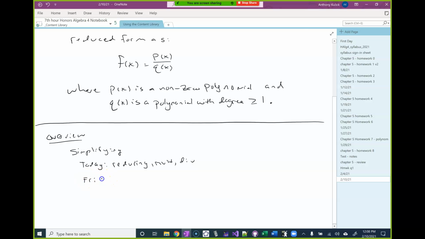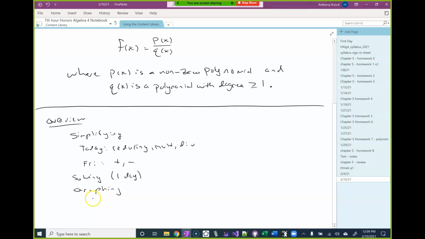Friday, we're going to do addition and subtraction. When we come back, we need to do solving. That's like 1 day. And then graphing. This will probably be 2 days.